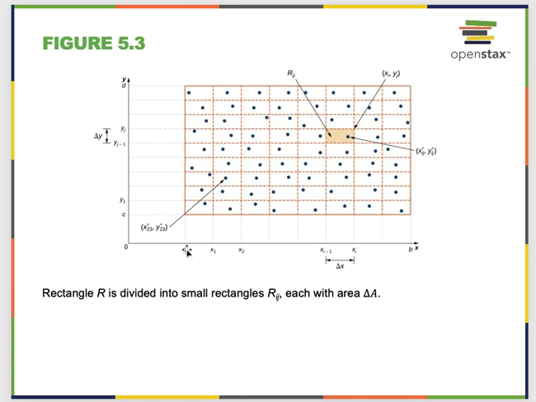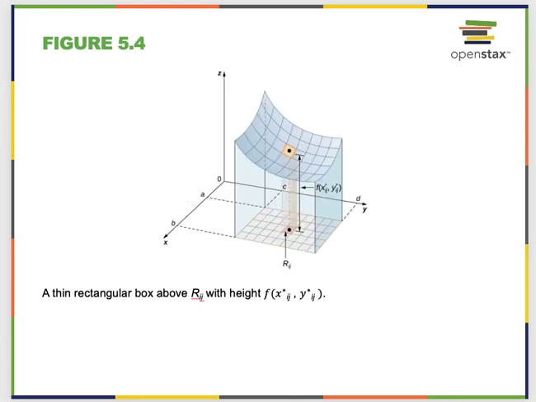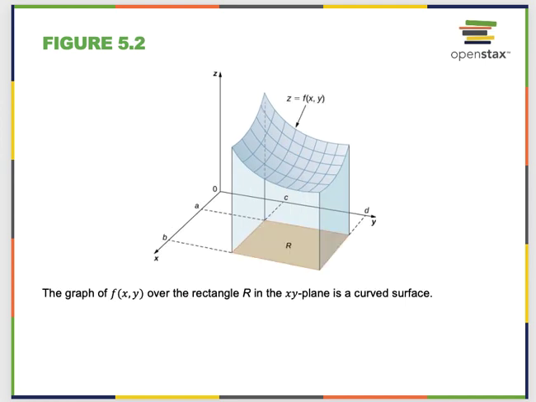Effectively, that would amount to making sure the norm of the partition in both the x and the y direction goes to 0. And that's how we actually define the volume underneath our surface. Okay? This is what we would call a double integration. All right? Now, we're going to see some more along these lines here in a second.